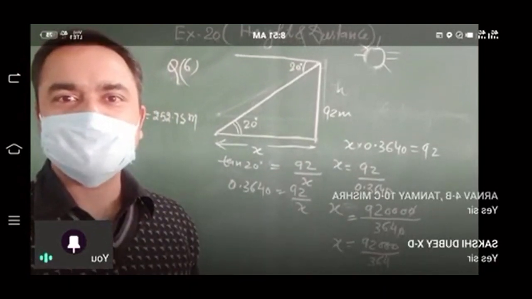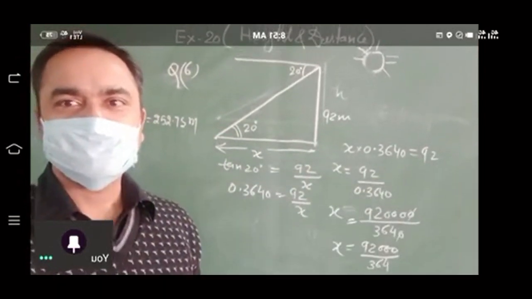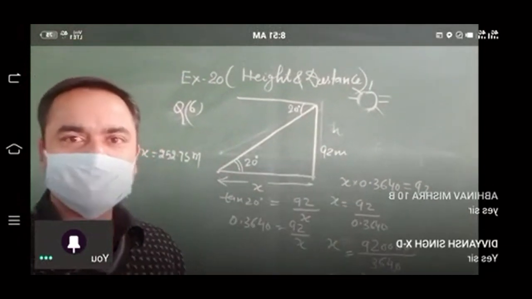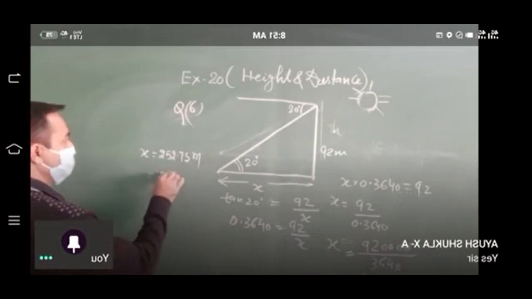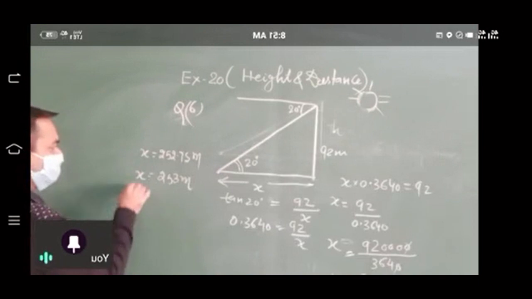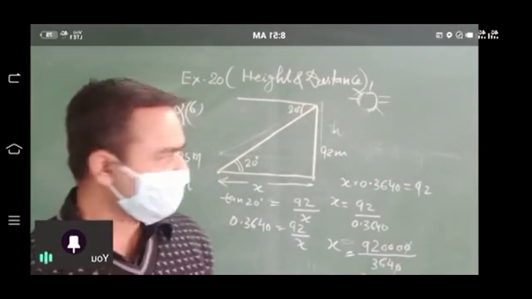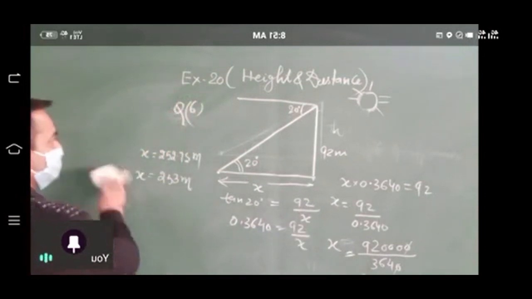Reply fast. So this is equal to 253 meter, approximately. So this is the distance of the buoy from the cliff. All questions will be like the same.